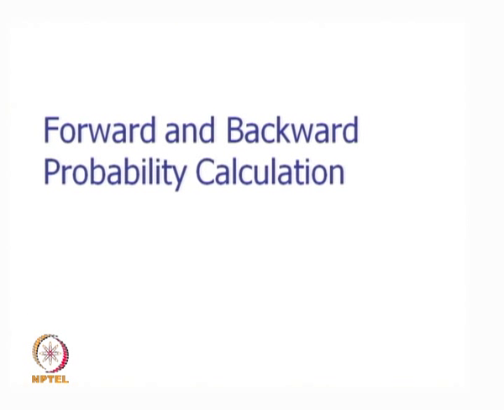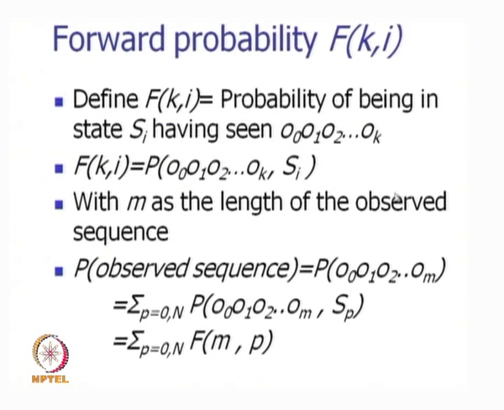So, just to remind ourselves of the forward and backward probability calculation, we remember we defined f k i as the probability of being in state S i having seen O 0, O 1, O 2 up to O k, which is the observation sequence up to the kth time step.